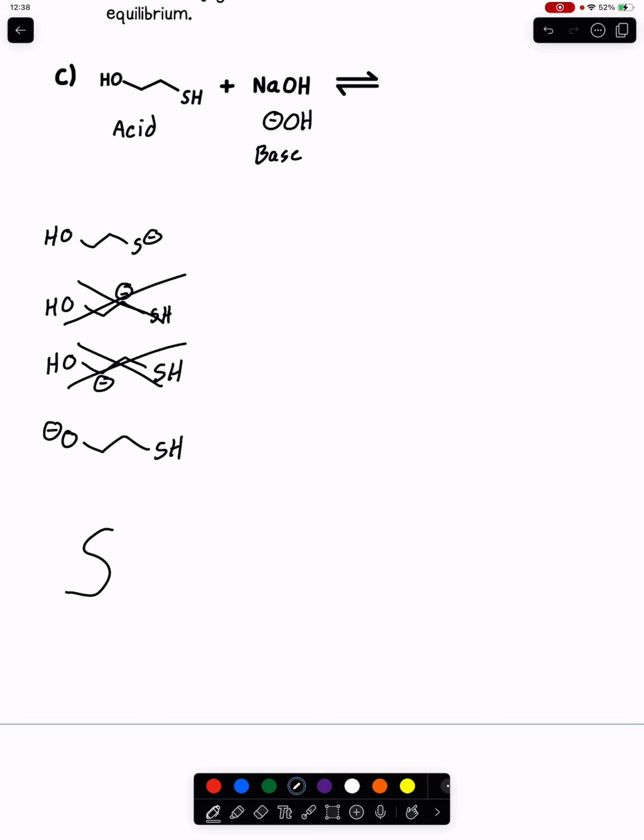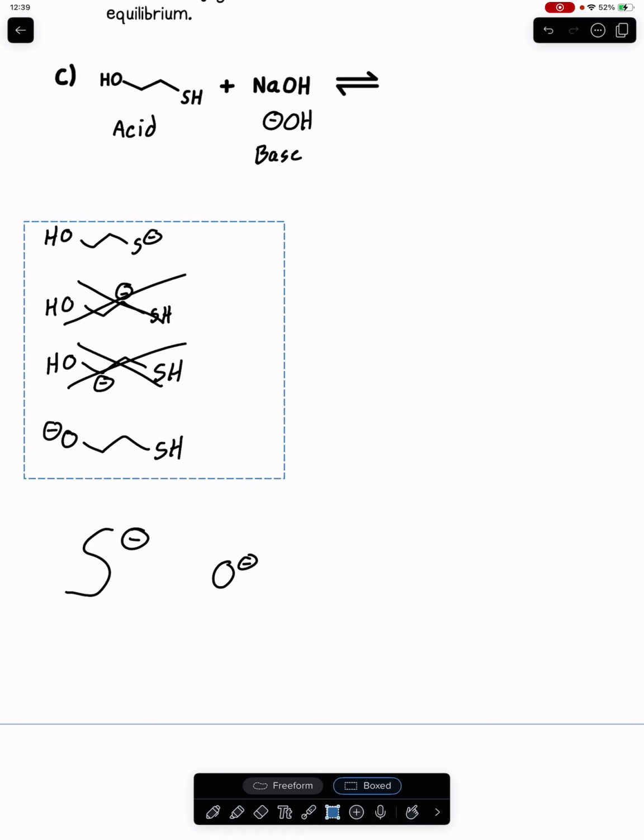Sulfur has one extra electron, so it's one unit of negative charge. Oxygen, being smaller, has the same amount of negative charge, but it exists in a much smaller space. So there's more electron repulsion in the oxygen, which is destabilizing, which means the sulfur with negative charge is more stable. And if it's more stable, that means the proton is going to get removed from the sulfur to form a more stable conjugate base.